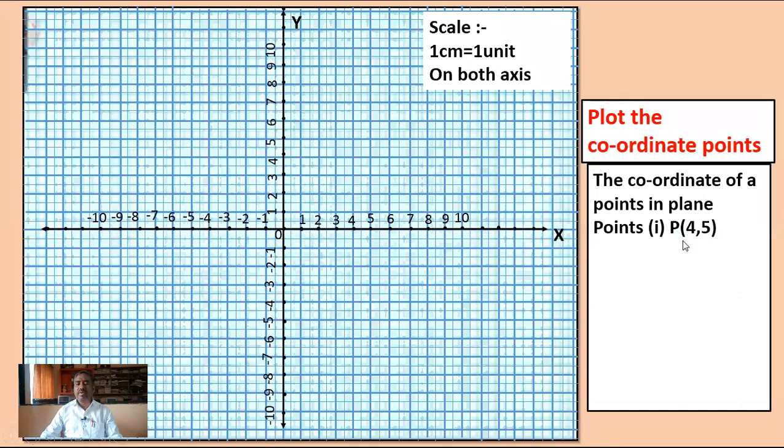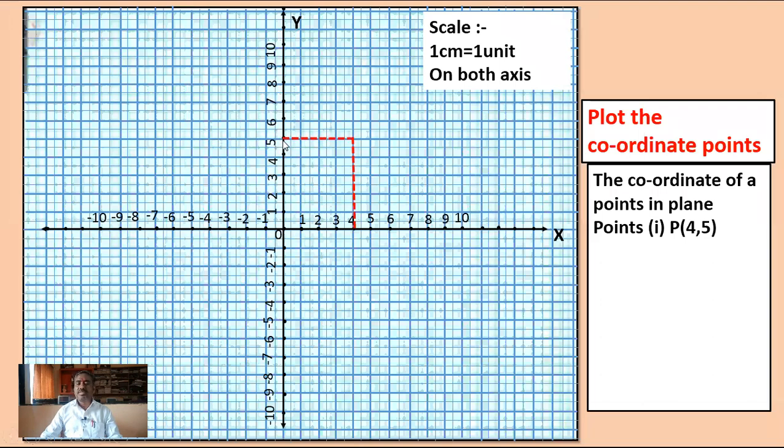Therefore, the x coordinate of point P is 4. First, on the x axis we mark the point 4, and on the y axis the point 5. From 0 to 4 on the x axis and 0 to 5 on the y axis. Therefore, this is 4 centimeters on the x axis and this is 5 centimeters from 0 to 5 on the y axis.